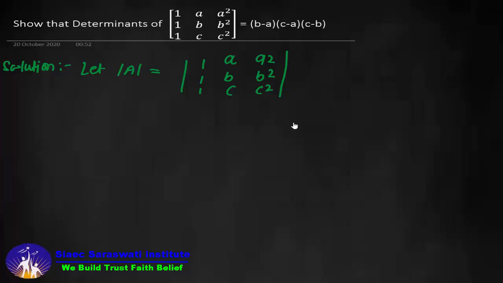Okay, we apply the property that is R2 is equal to R2 minus R1, and R3 apply with R3 minus R1. So I'm going to apply these two invariance property, that is property number 7. Invariance property का हम इस्तेमाल कर रहे हैं. Okay, so that is the property of invariance.